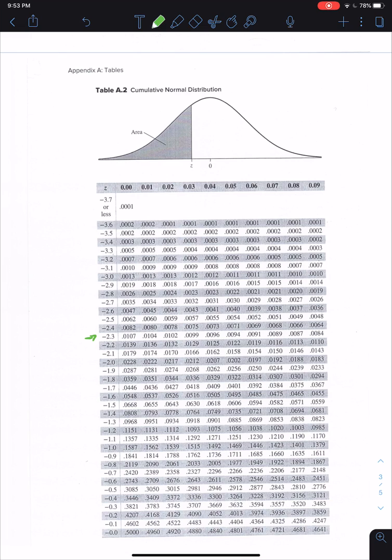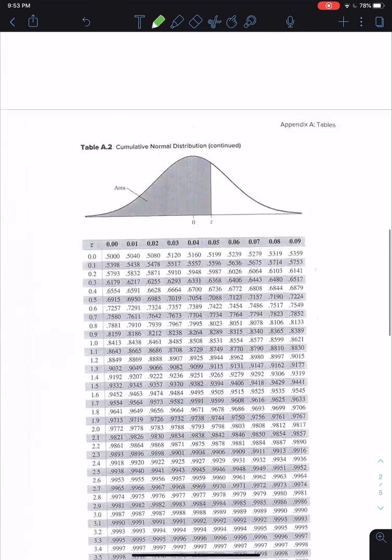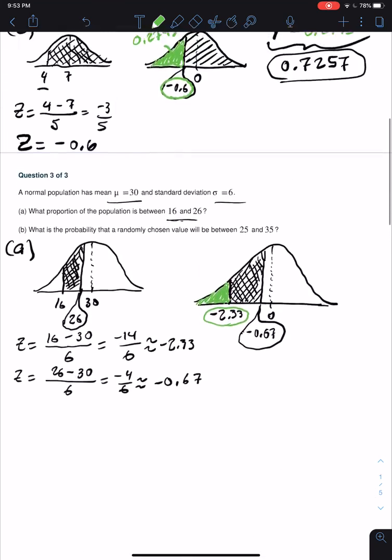Come on down here, negative 2.33. So that area is 0.0099.